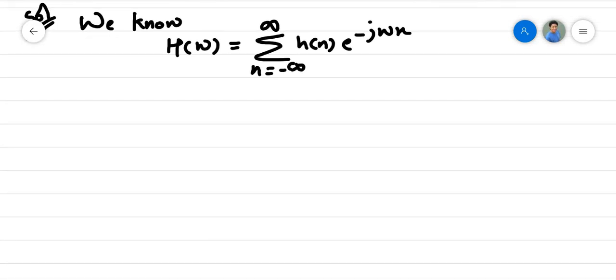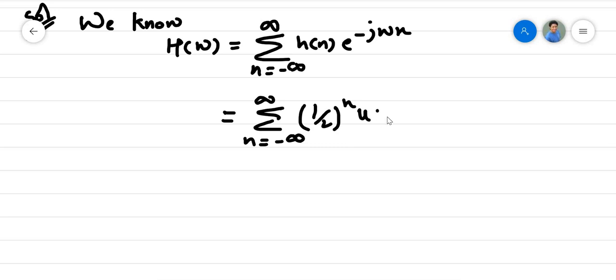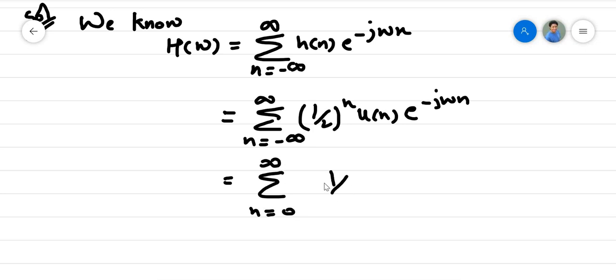If we substitute the values, it will be the summation of (1/2)^n u[n] e^(-j omega n), which equals the summation from n equals 0 to infinity of (1/2)^n e^(-j omega n).